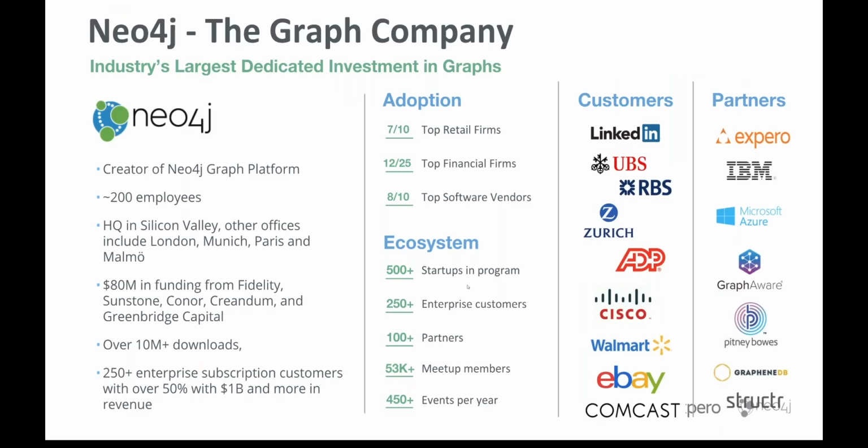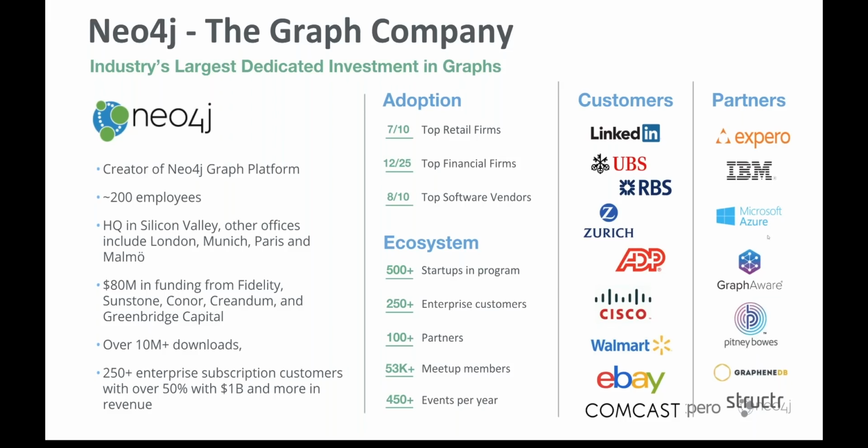If you guys don't know Neo4j yet, then you probably should take a quick look at our website. Neo4j, we have every right, I think, to call ourselves the graph company. Been around for a very long time. Been working in the wonderful world of graphs for more than 15 years these days, actually.